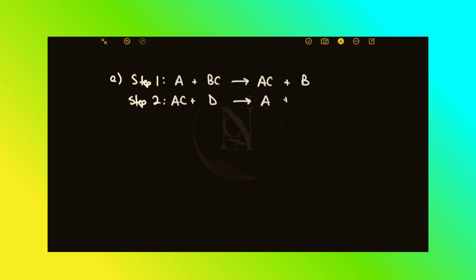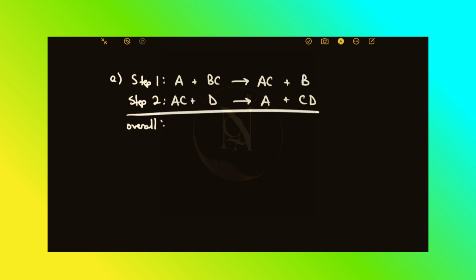Given the reaction mechanism and potential energy diagram, for A, what is the equation for the overall reaction? From step 1, we have A plus BC to produce AC and B. In step 2, we have AC plus D to produce A plus CD.